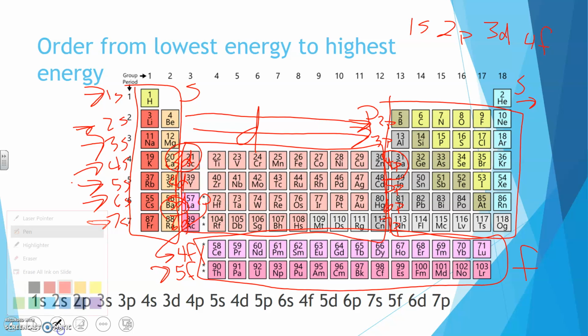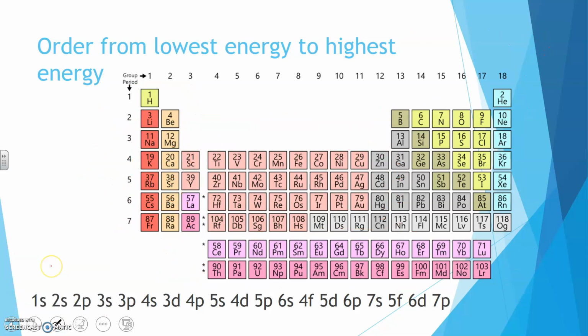Let me get rid of all of that. All right, so say we're trying to write the electron configuration for moscovium right here, 115. Now, moscovium is in 7p, so literally you could write out all of this down here with all of your little exponents, just going through all of this.